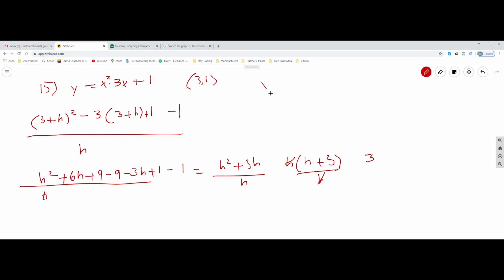And for the formula you would do y equals 3x plus b and input the points. So you have 1 equals 3 times 3 plus b. 1 minus 9 equals b. Minus 8 equals b. So it's y equals 3x minus 8.